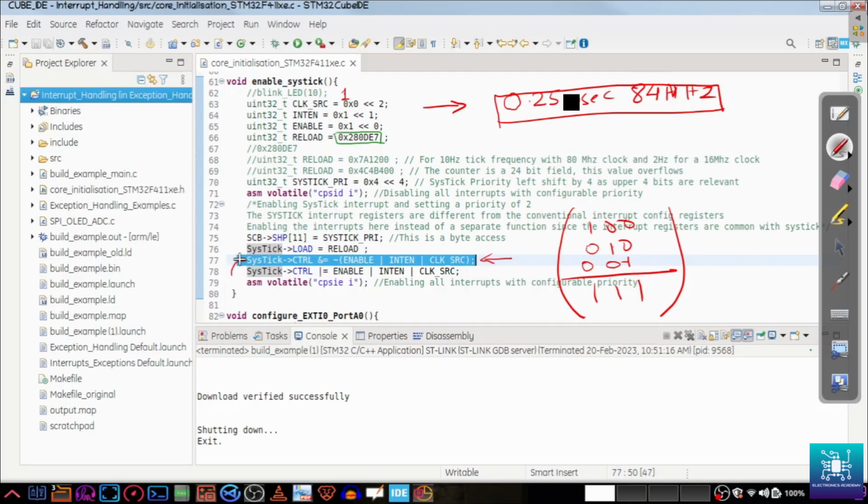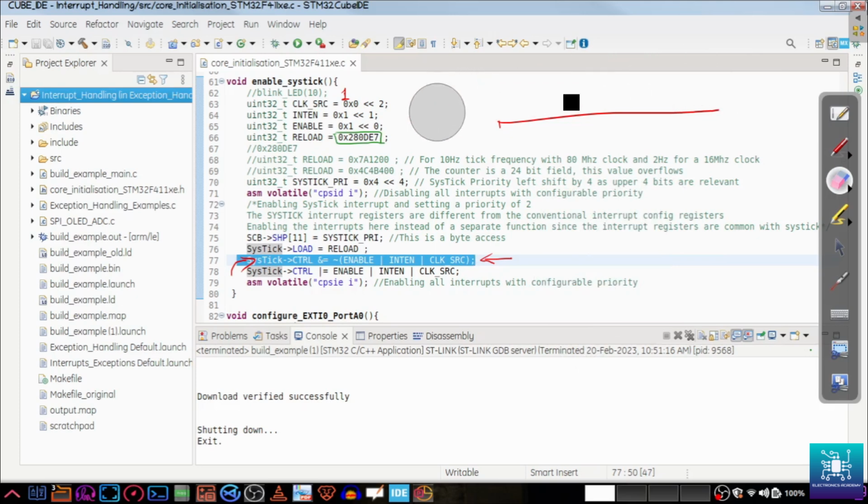And it seemed to work, and the clock seemed to work, but you see the mistake that I had committed here. The mistake was in the later case, when I AND it with enable, interrupt enable and clock source, the value is actually 0 1 1. Okay, not 1 1 1, because this is 0 moved to two spaces.